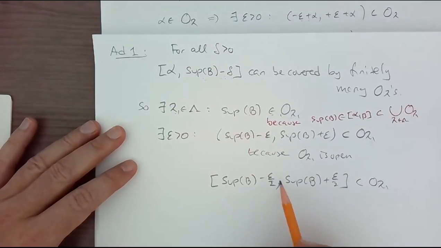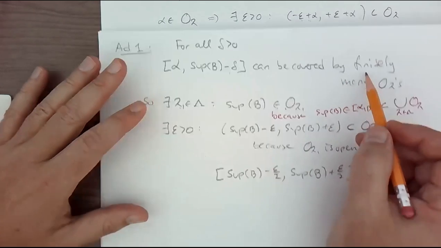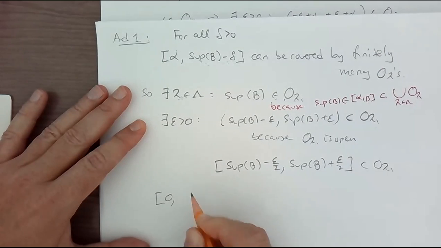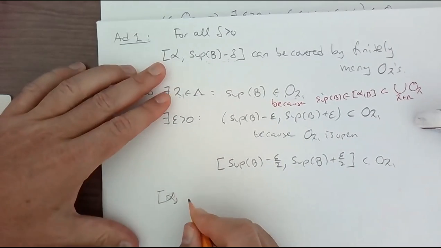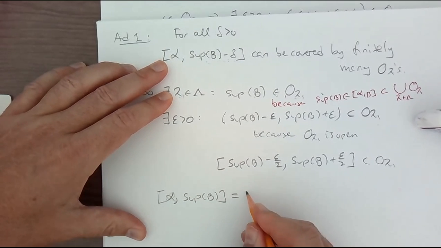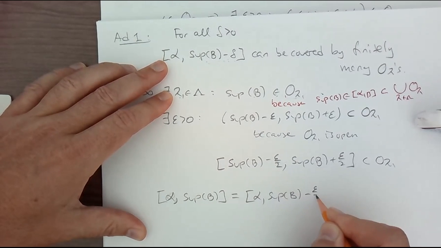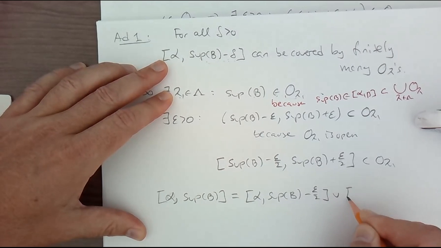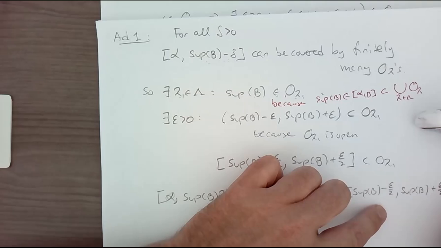But I know as soon as I go just a little bit to the left of the supremum, I can be covered by finitely many. So I can now write the interval from alpha to the supremum of B as alpha to the supremum of B minus epsilon over 2, union the supremum of B minus epsilon over 2 to the supremum of B plus epsilon over 2.